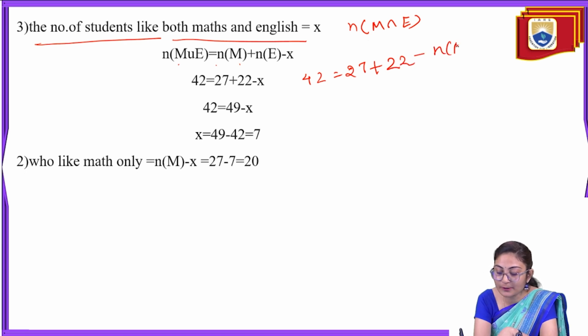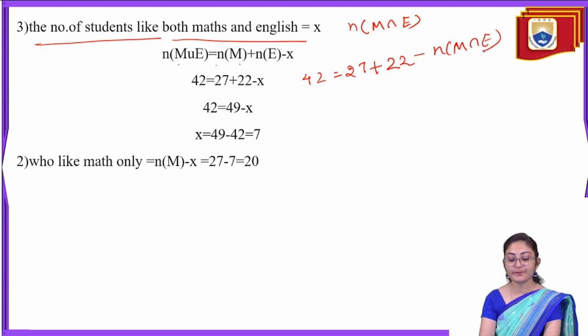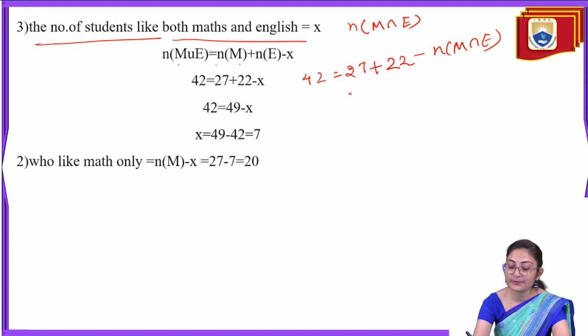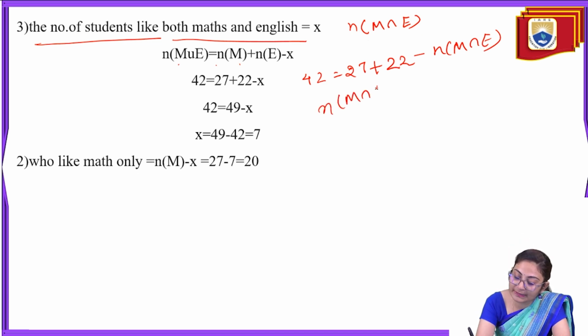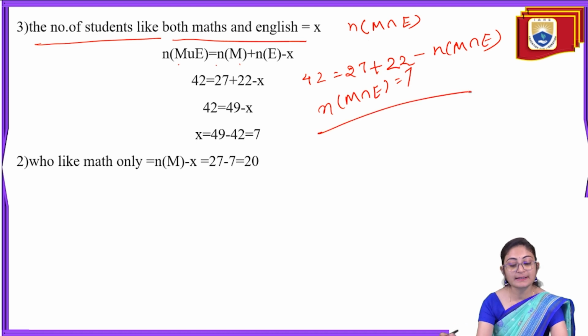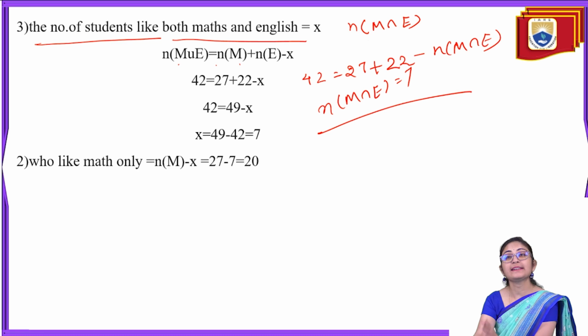We have to find out N of M intersection E. After solving this formula, you will get N of M intersection E, that is 7. That means 7 students are there who like both maths and the English.